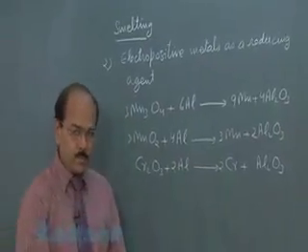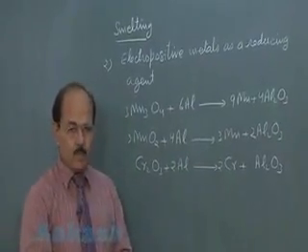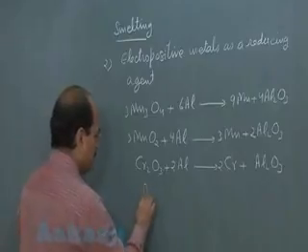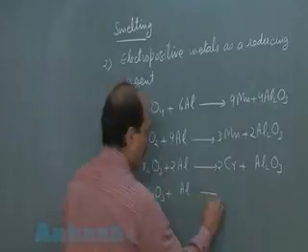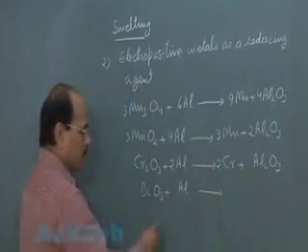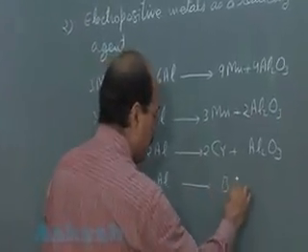Boron oxide, B2O3. Boron is a non-metal. Boron oxide is also reduced by aluminium to boron.